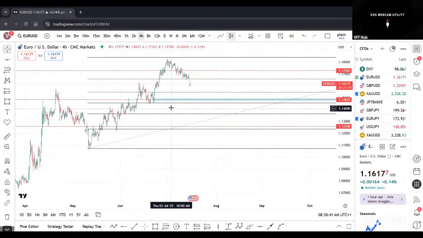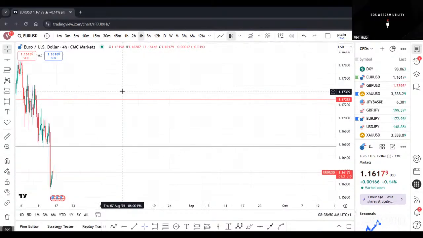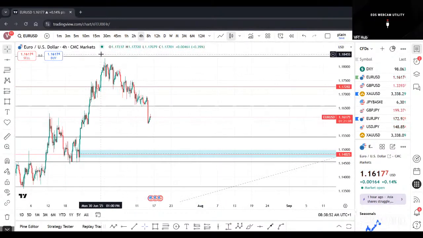I'm pretty sure of that, right? So we want to see a sell-off into this order block, and once that happens, we're interested in taking buy opportunities on EUR/USD.